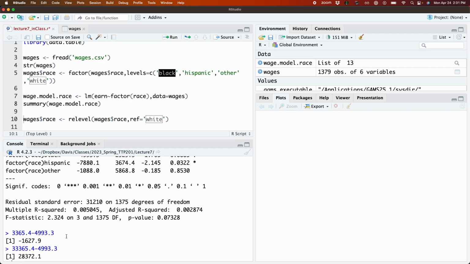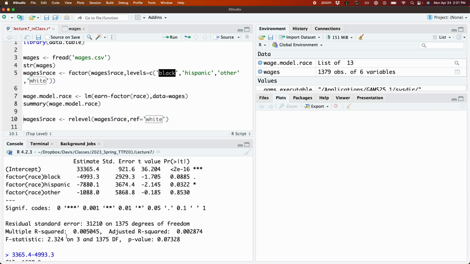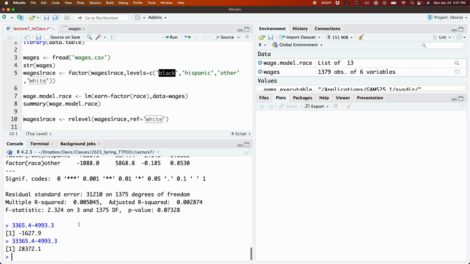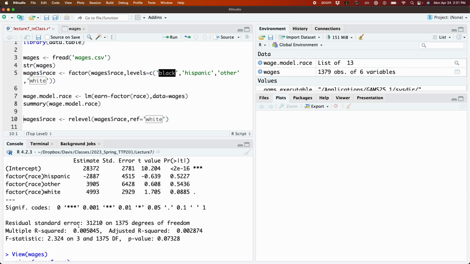So if I did basically exactly as you were saying, 33,365 minus 4,993, that number is 28,372, which is this number right here, 28,372. Okay?